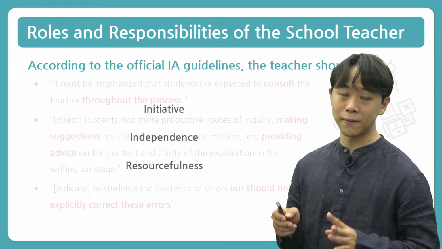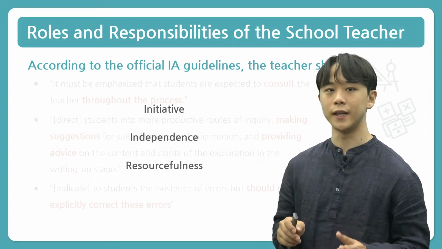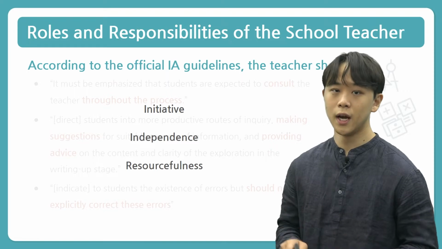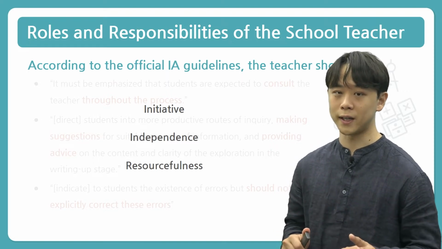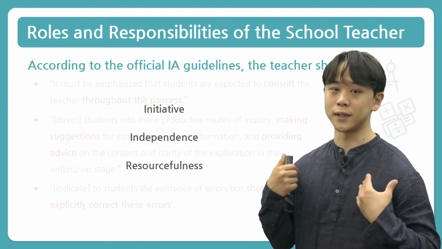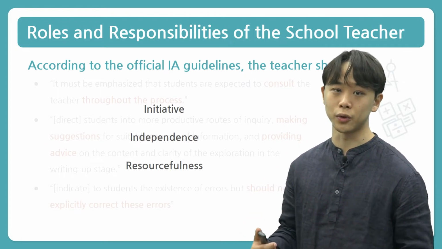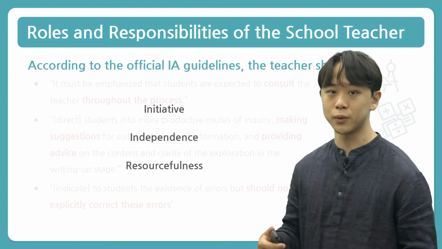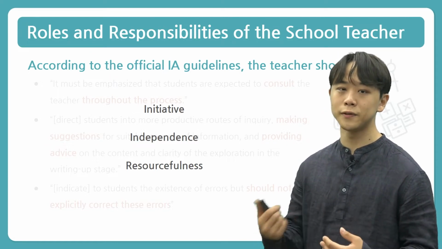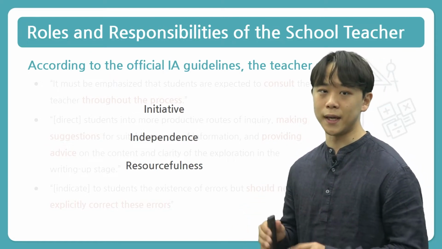So I would like to emphasize three keywords: initiative, independence, and resourcefulness. The student is the one making the final calls in the IA, so they should be the ones taking initiative. They should be independent, as in they should use multiple sources to back up their arguments with research, calculations, and proofs. And lastly, they should be resourceful.